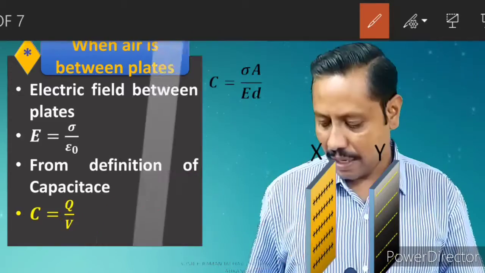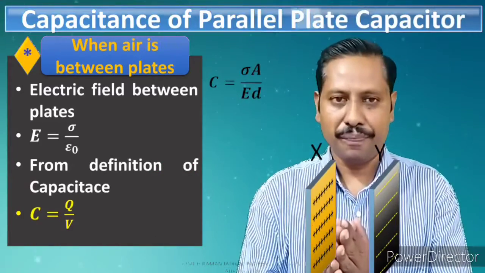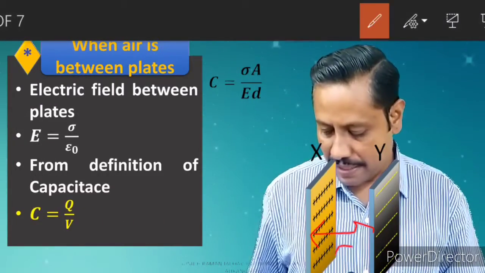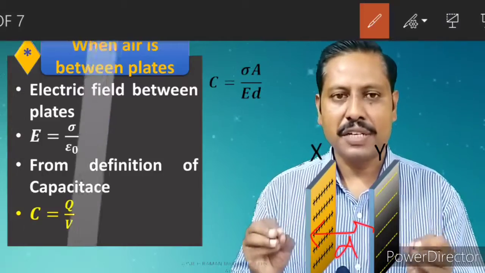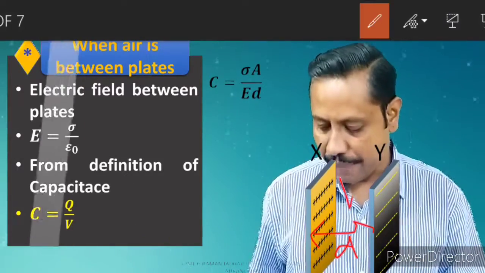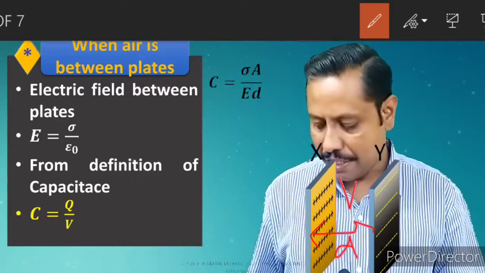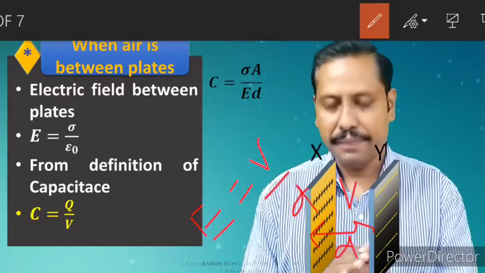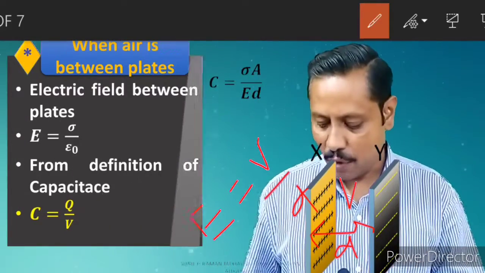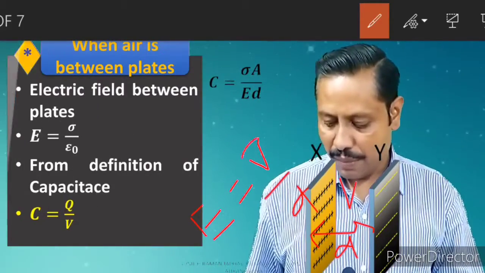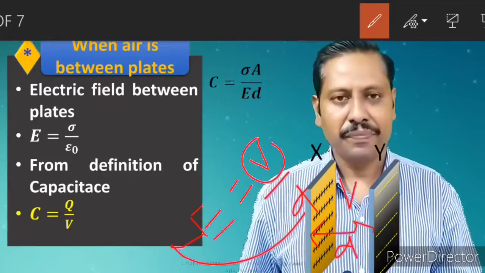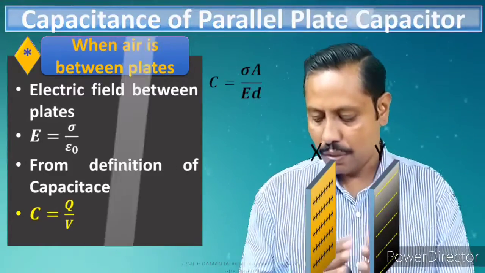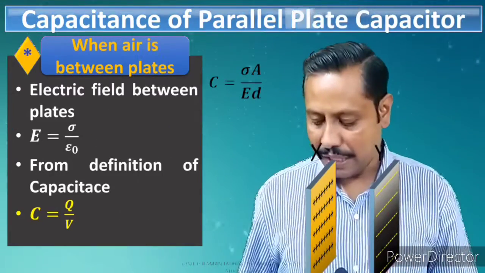It comes from the relation between E and V. For this given setup, the gap between these two plates is D, and let us say the potential difference between these two plates is V. Then obviously we can write E equal to V upon D, if I take the modulus here. So that's why V becomes E into D. This is the relation between E and V, and now we can write C equal to sigma into A upon E into D.